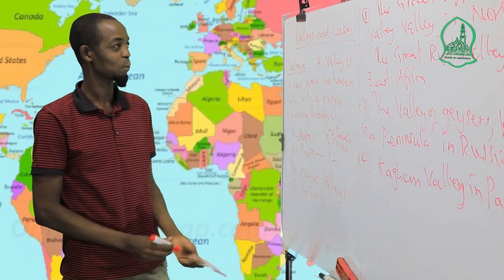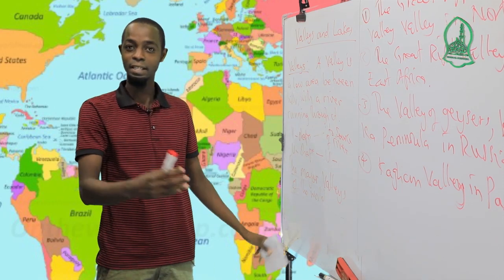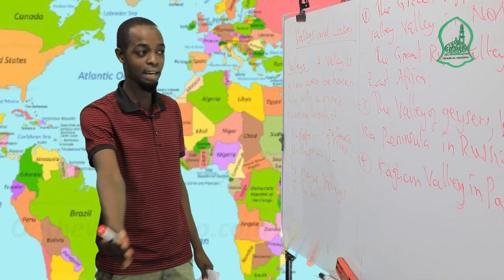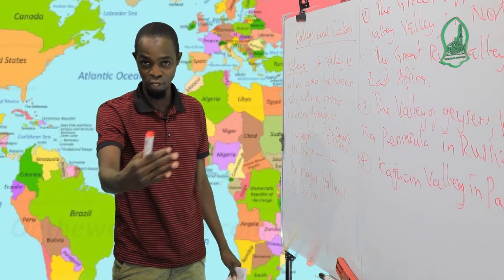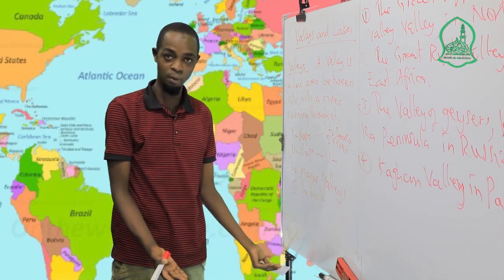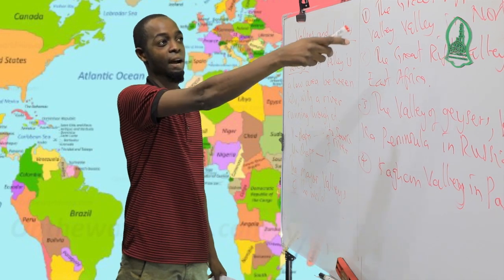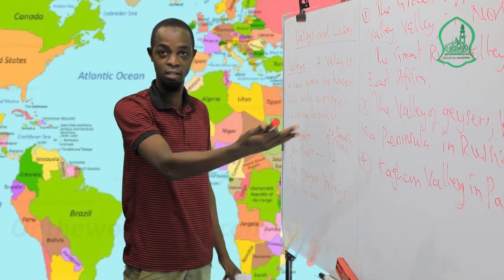So we have seen that a valley is lowland between two hills. There is a hill on this side and a hill on that side, and the area between those two hills is a valley. We have seen the shape looks like a V or a U, and some of the major valleys in the world.